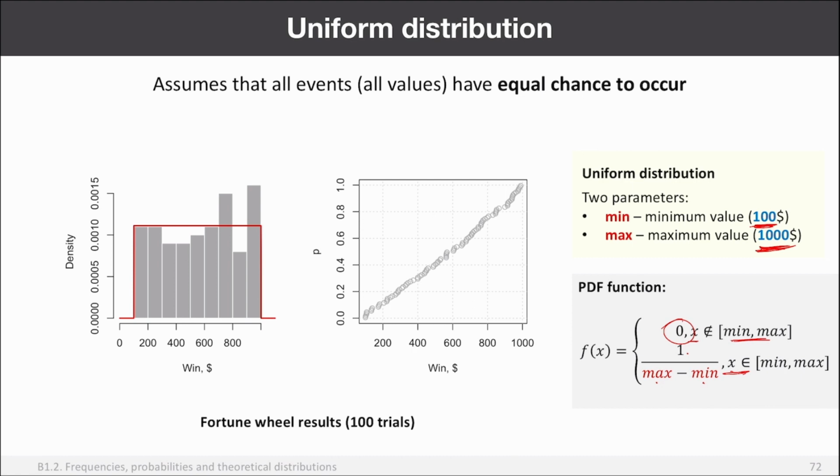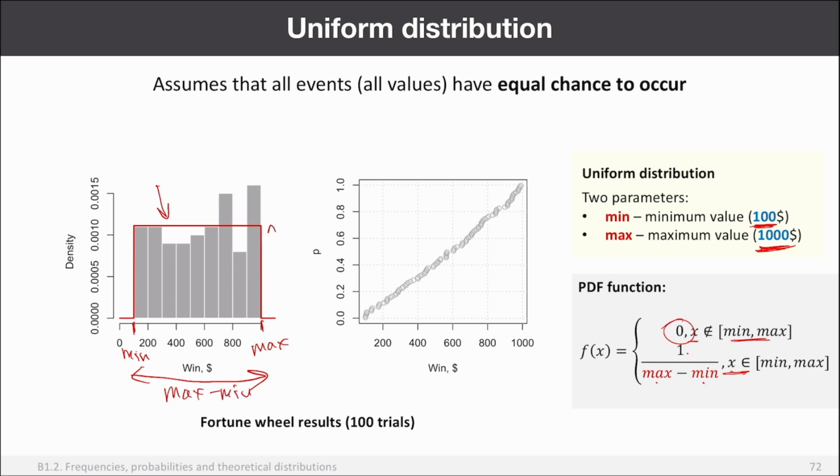And the plot, you can see it here, it's simply a rectangle. You remember that for a density distribution, the area should be equal to 1. So this is why. So this is min, this is min, this is max. So it means that the length of this is max minus min, right?